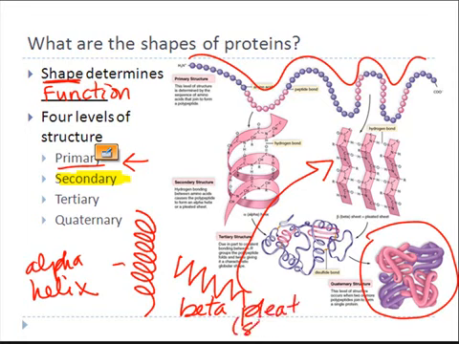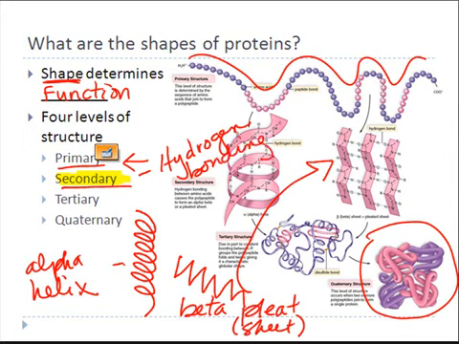Some books call it a beta sheet, but it's the same thing. That's the secondary structure. That secondary structure, the way we get that folding in coils or pleats, is determined by hydrogen bonding between amino acids.